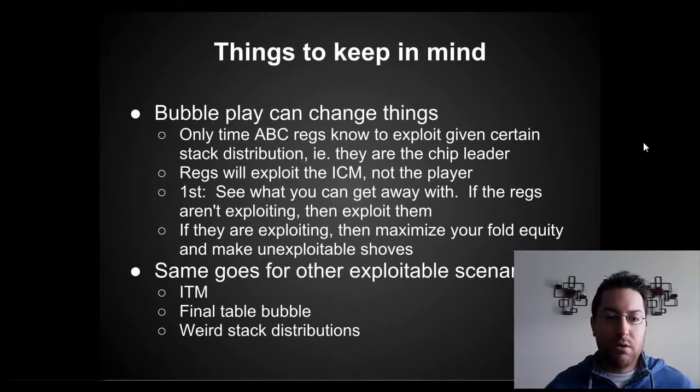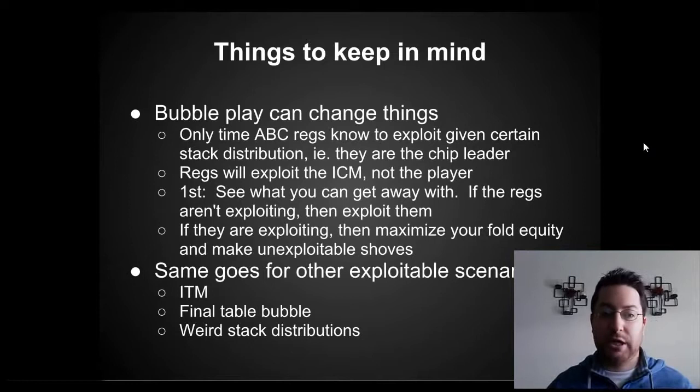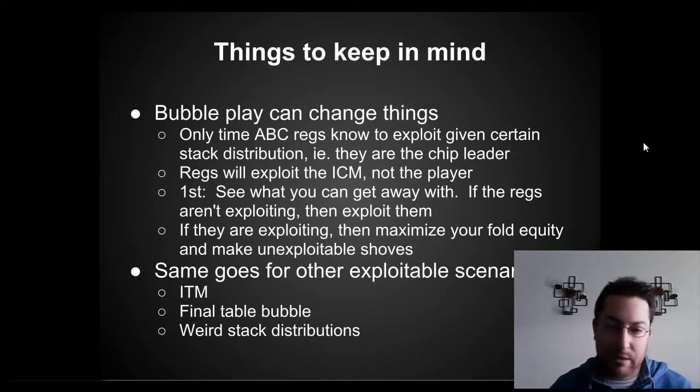So, the thing to keep in mind is that bubble play can change things. And by change things, I mean for players that understand ICM, especially ABC regs, the guys who we said aren't going to exploit us, this might be a situation where you actually get exploited, and that's on the bubble, especially a 9-man bubble, a 6-max bubble, an 18-man bubble, any situation where the bubble obviously means a lot.